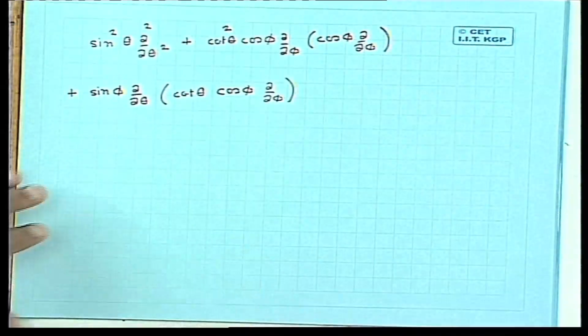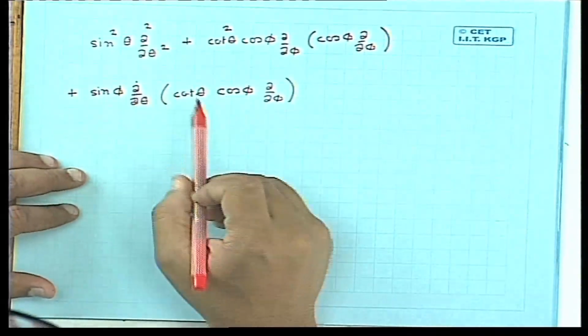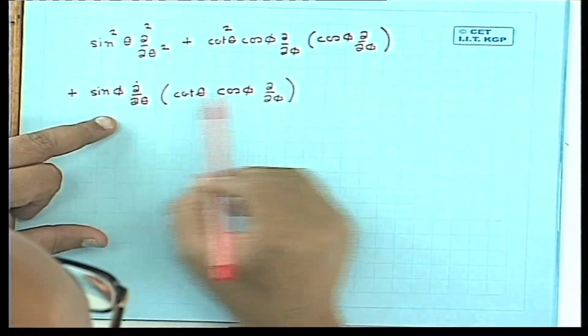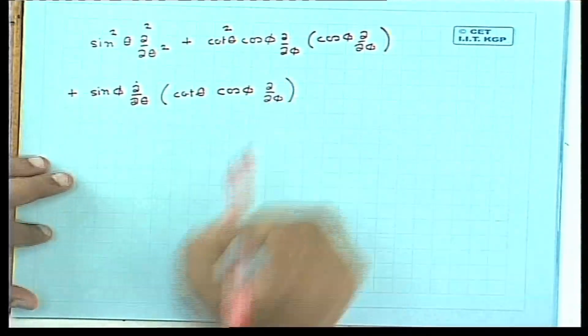So basically there will be two terms: one when del by del theta acts on cot theta, and another will be the double derivative, one with respect to theta and one with respect to phi.